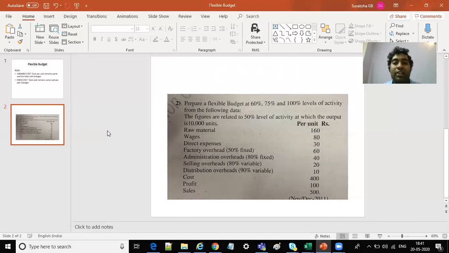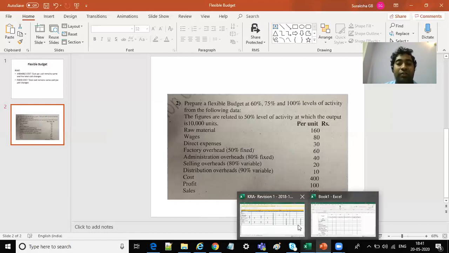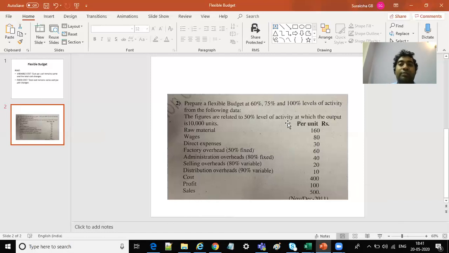So while solving the problem, we are going to consider the cost and the sales value, and we will end up calculating the profit at the different levels of activity. Here also, 4 levels of activity are given: 50%, 60%, 75% and 100% level of activity.